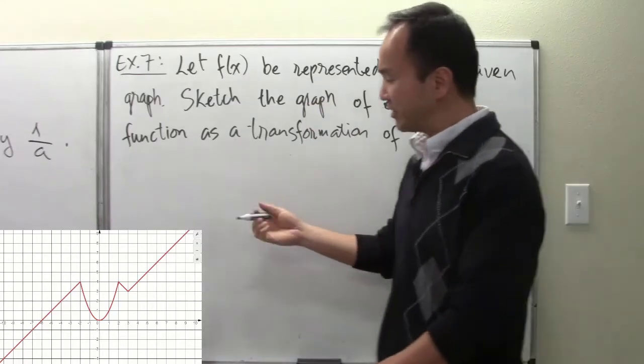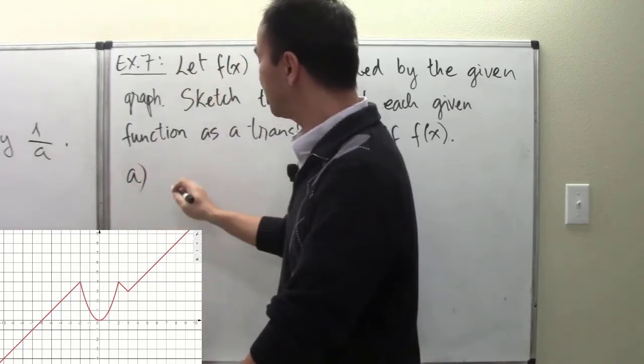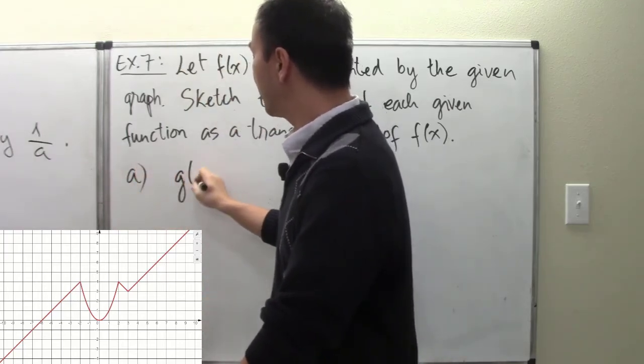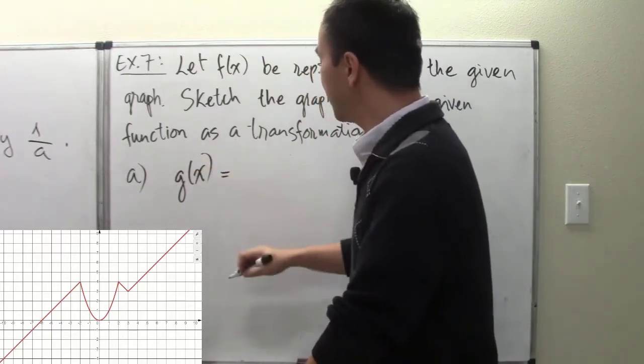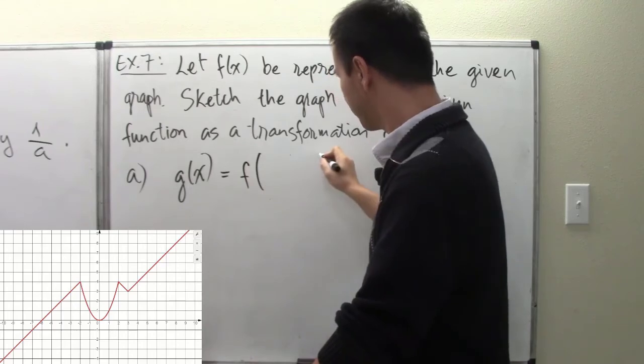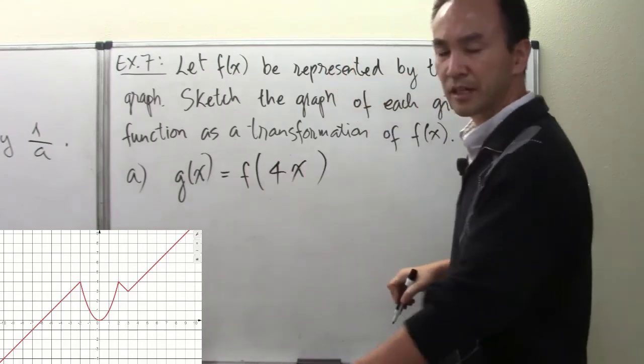With all that, let's look at part A. Let's graph the function g of x, defined as f of 4x.